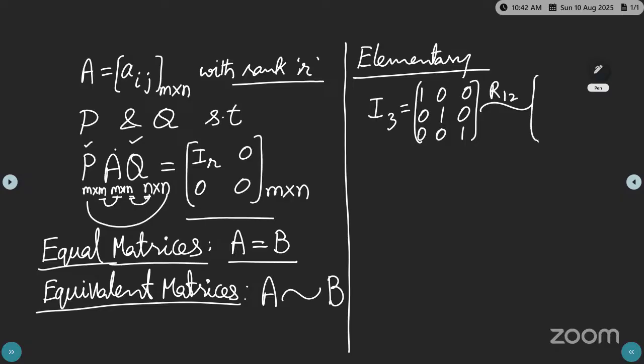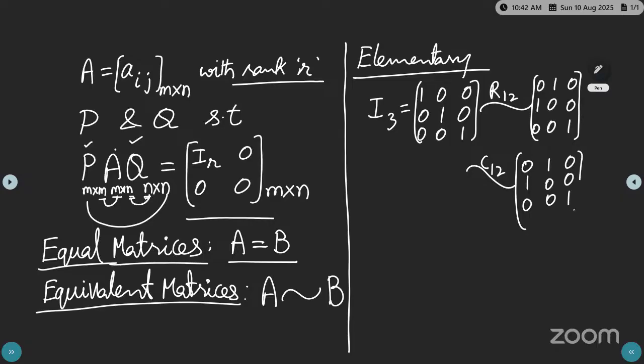You just write this as 0 1 0, 1 0 0, 0 0 1. Next, C12, interchanging first and second columns. What you are getting? 0 1 0, 1 0 0, 0 0 1.